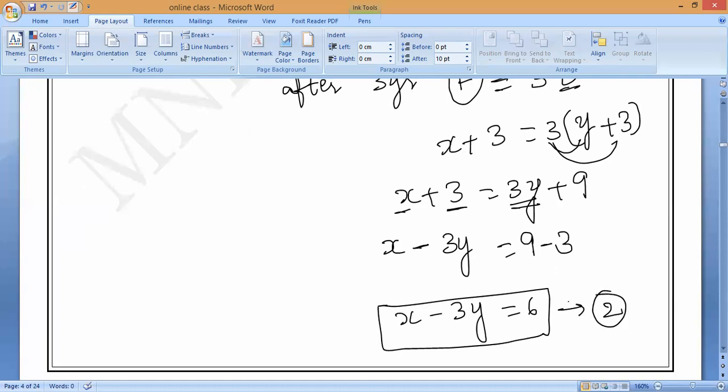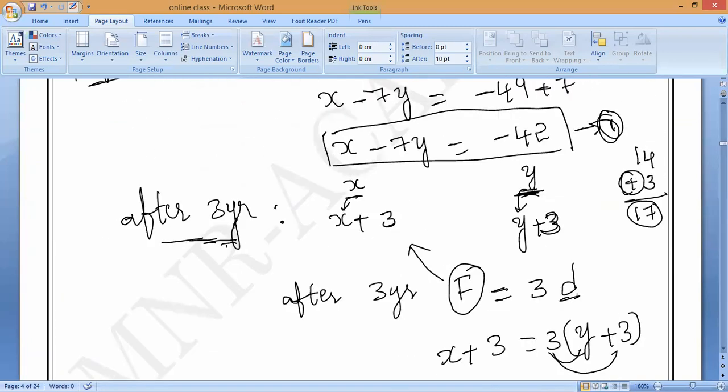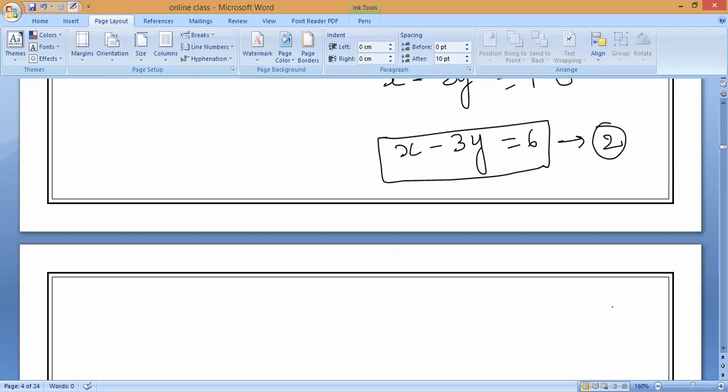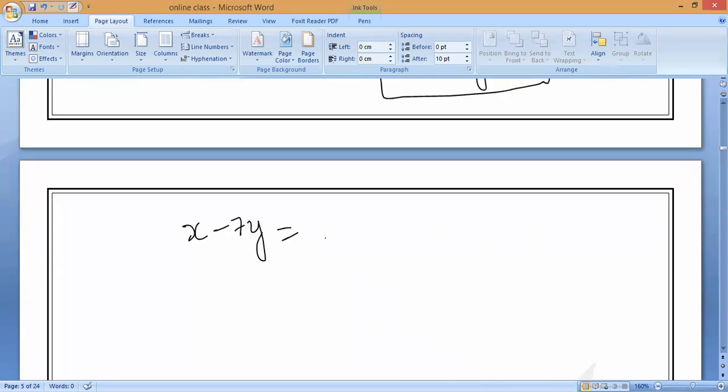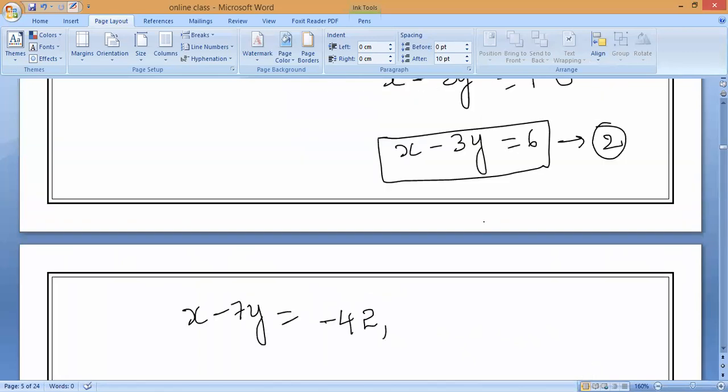What is the first equation? x minus 7y is equal to minus 42. And second equation, x minus 3y equal to 6. In the question they are asking, represent this situation algebraically and graphically.